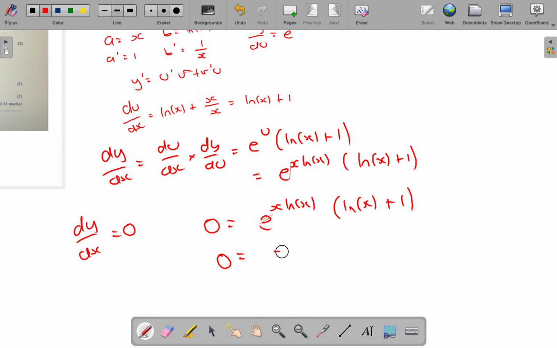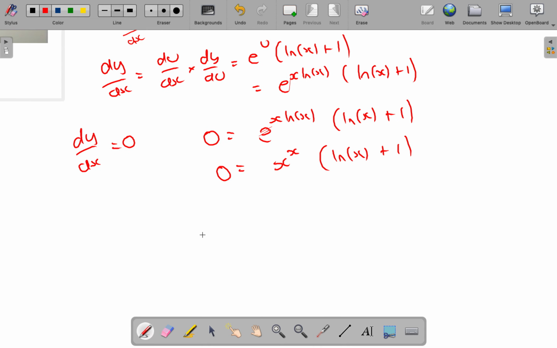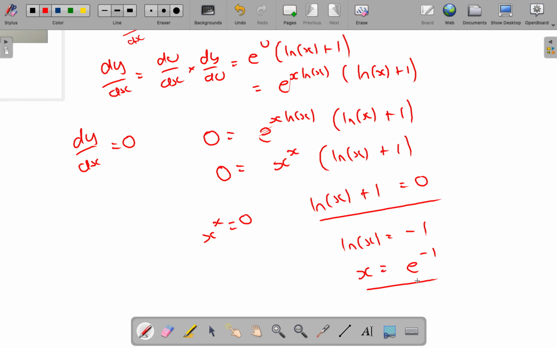So we can say that x to the power of x times ln x plus 1, and x to the power of x is equal to 0, or ln x plus 1 is equal to 0. This is our answer here. So ln x equals -1, and therefore x is equal to e to the power of -1, or 1 over e, as your final answer for x.